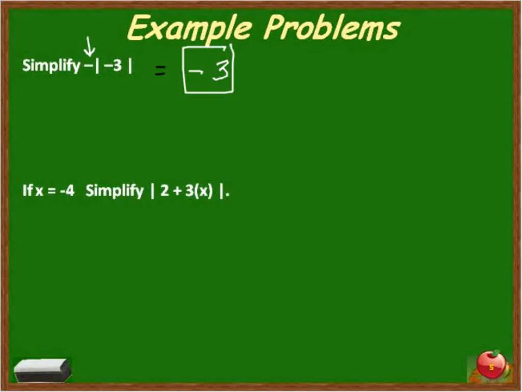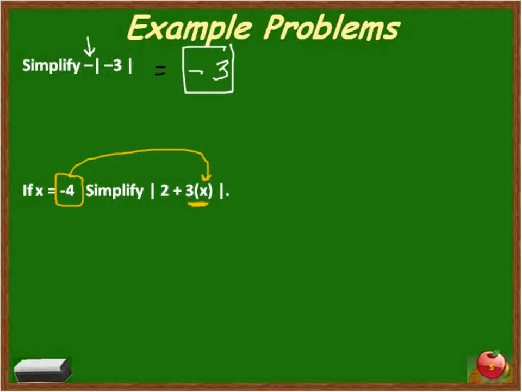Then this next problem, if x is equal to -4, simplify the absolute value of 2 plus 3x. Now, what is that asking me to do? Well, it wants me to take the -4 and put it into my absolute value expression replacing the x. But in order to do that, I need to know what operation I'm looking at right here. The 3x, the x is in parentheses.